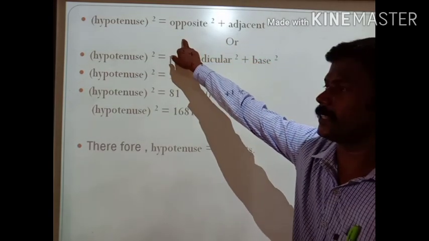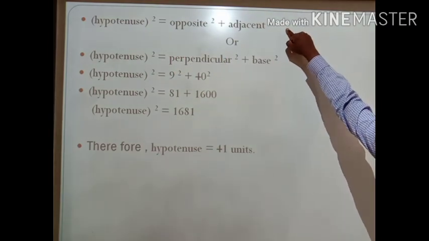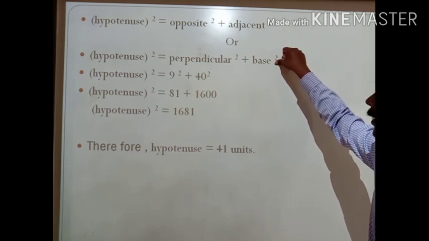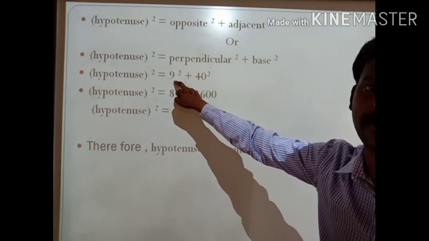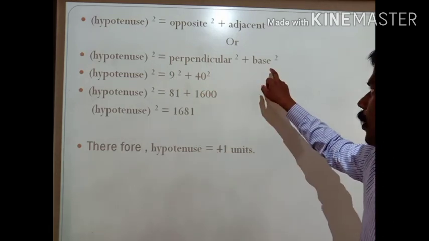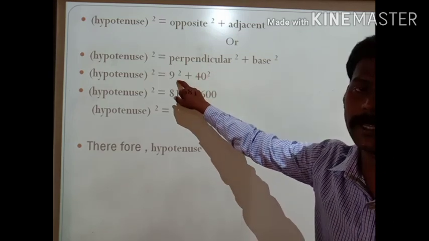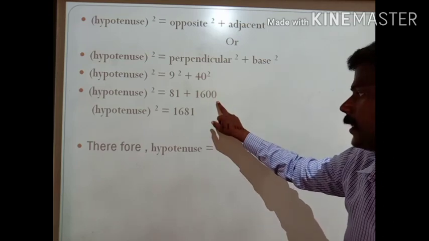Remember the Pythagoras theorem. Hypotenuse square equals opposite side square plus adjacent side square, or perpendicular square plus base square. Substitute the values. Perpendicular, how much do we have? 9 square. Base, how much do we have? 40 square. 9 nines, how much? 81. 40 into 40, how much? 1600.